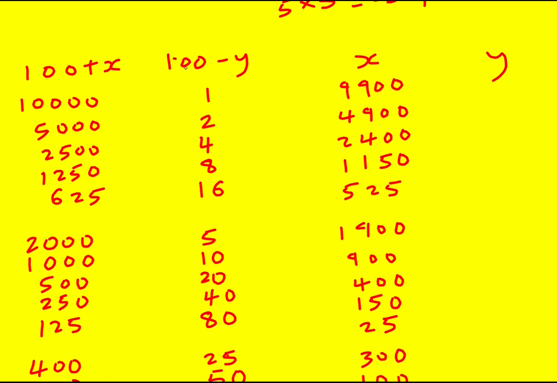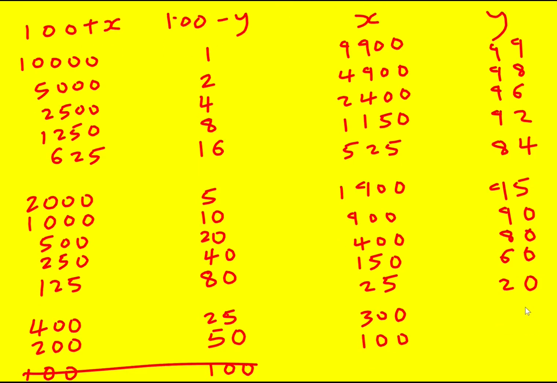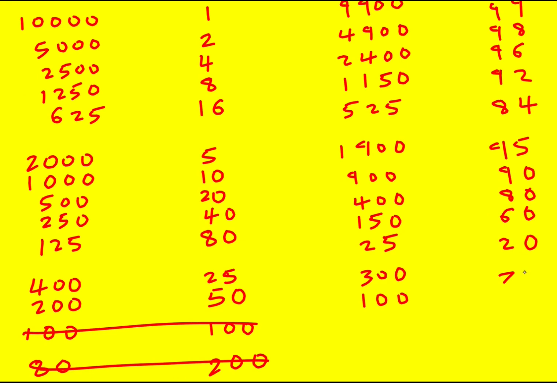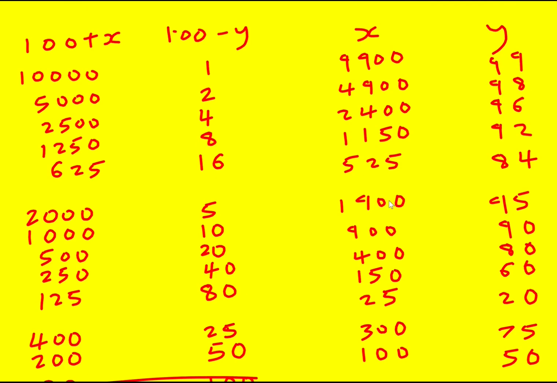Basically, this and the y one are going to add up to 100, so I'm going to get 99. Okay, those are our solutions for x and y.